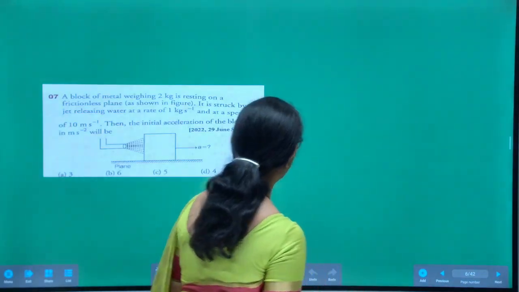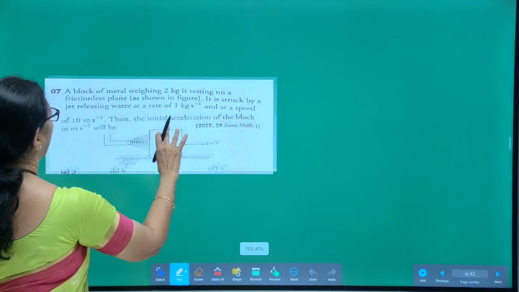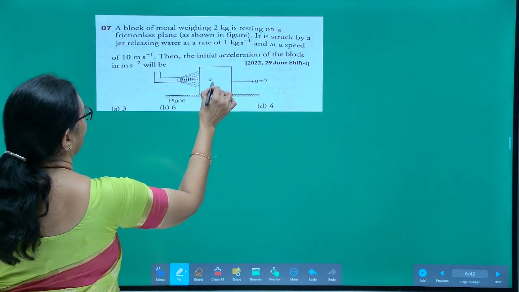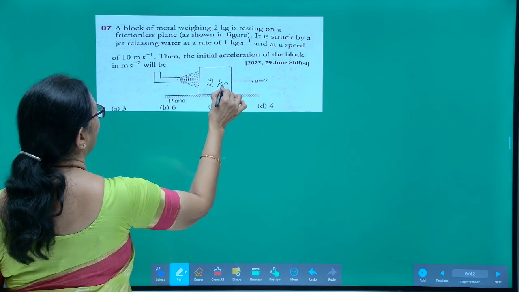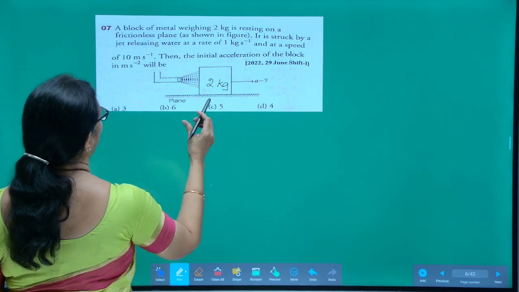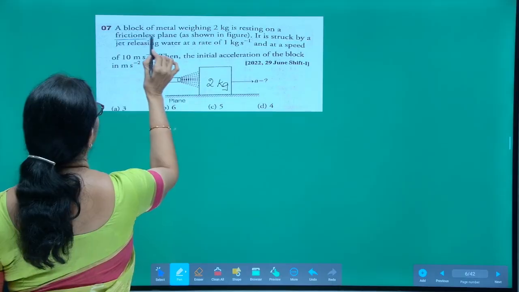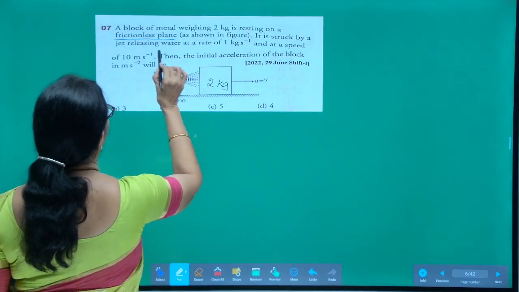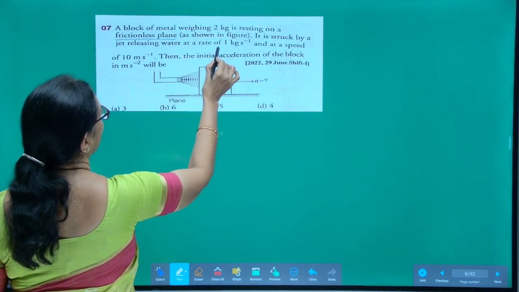Move on to the next problem. Look here. A block of metal weighing 2 kg is resting on a frictionless plane. As shown in the figure, it is struck by a water jet.